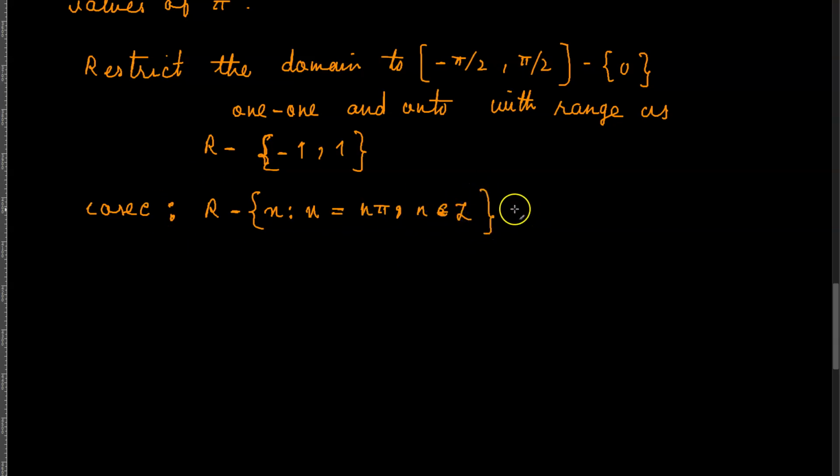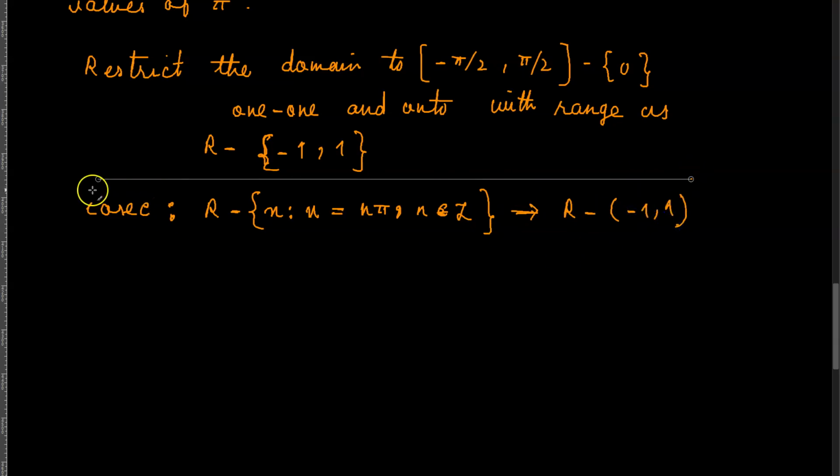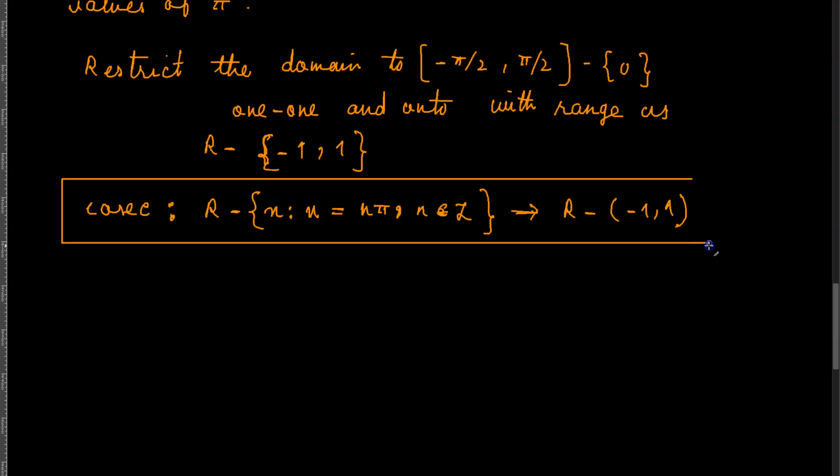So that is the domain of the function, and the range becomes all the real numbers minus the interval from -1 to 1, which is basically R minus (-1, 1).